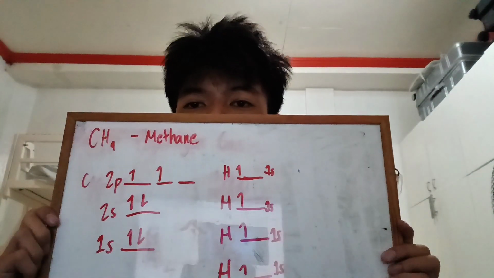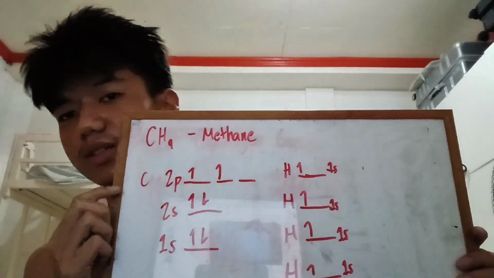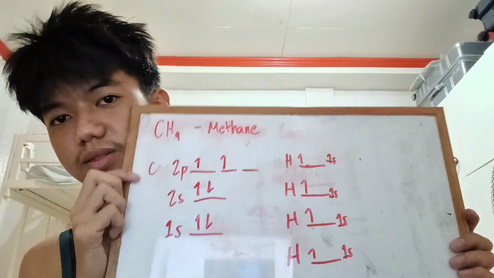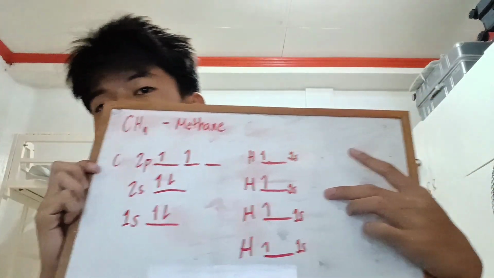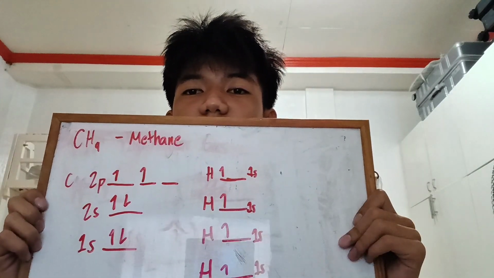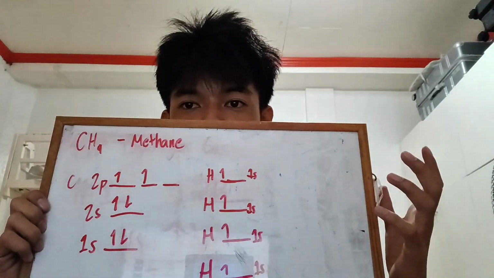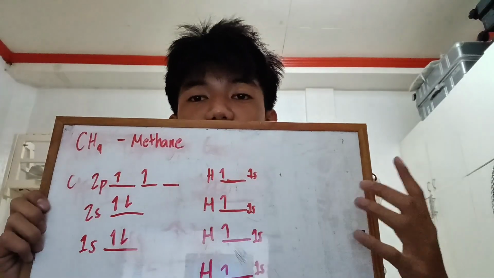So here I'm going to show you a different bonding, methane. Methane, this is carbon and these are 4 hydrogen atoms. So my question is, how do you think they will bond together to form methane?